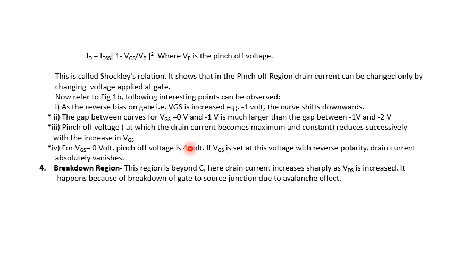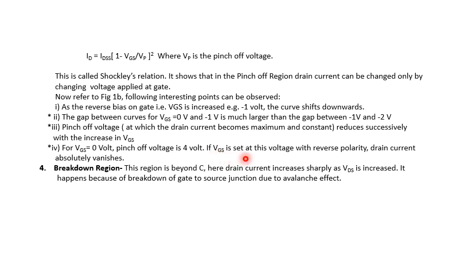Now if this 4 volt, which is the pinch off voltage for VGS equal to 0, is applied as reverse bias between gate and source, then it will make the drain current absolutely 0. This voltage is called VGS off.